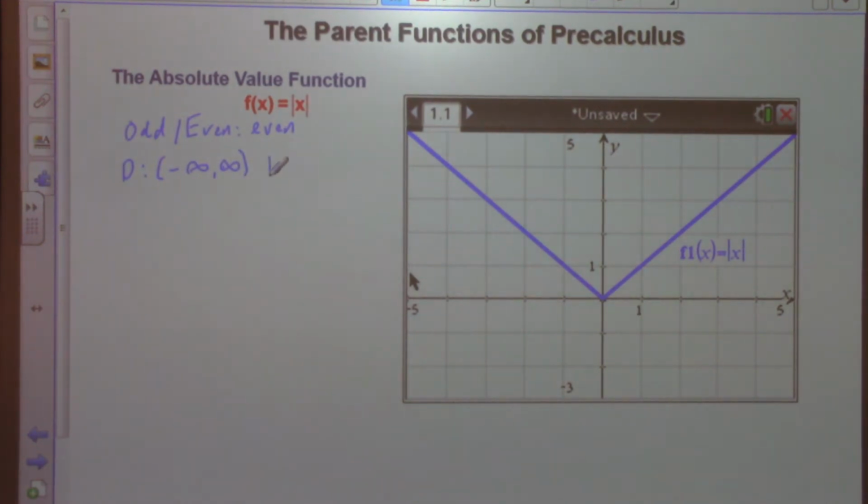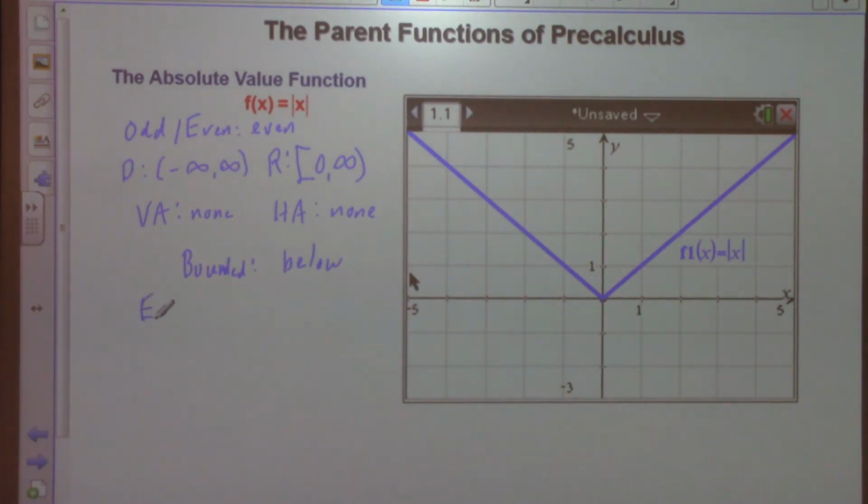What is its range going to be? 0 to infinity. And vertical asymptote? None. Horizontal asymptote? None. Bounded? No. Below, yes.